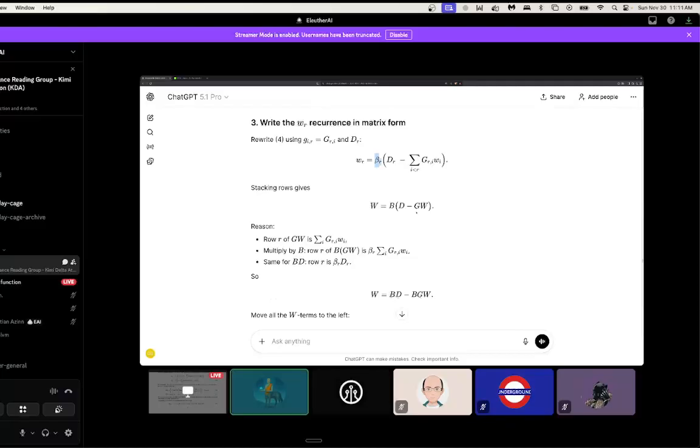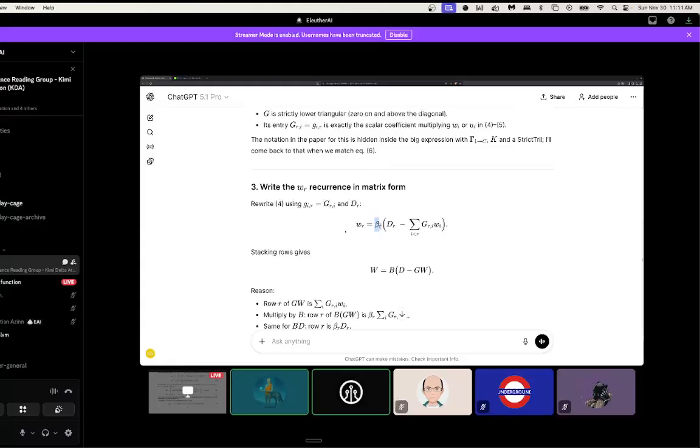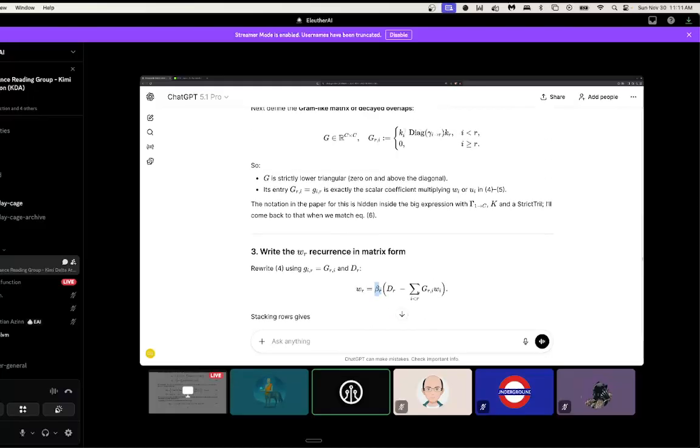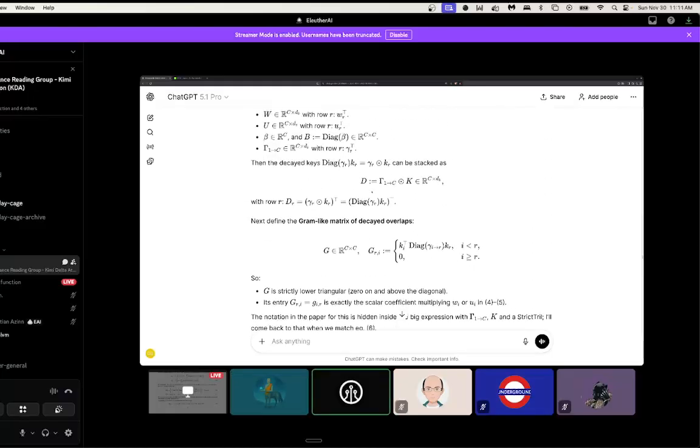Similarly for D, and then this is an actual product here. Could you scroll up for 1 second just to see? And D, could you go back up to D? D was this times K.